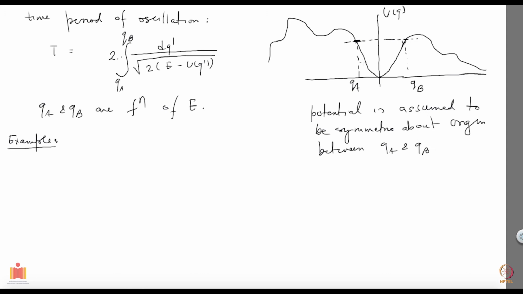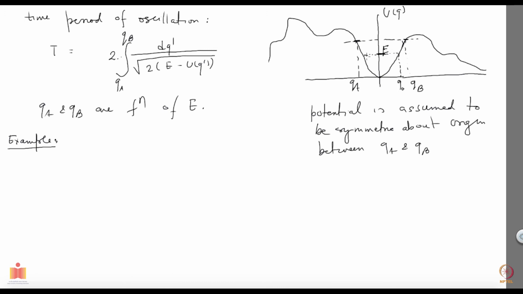And let's say I start my system with some total energy E, and let's say the energy corresponds to here, and this point I call Q naught. Okay, that's the total energy of the system. So what will be the time period of oscillations when the system is put in this location? So it has to go from here to there and back. That will be the time period.